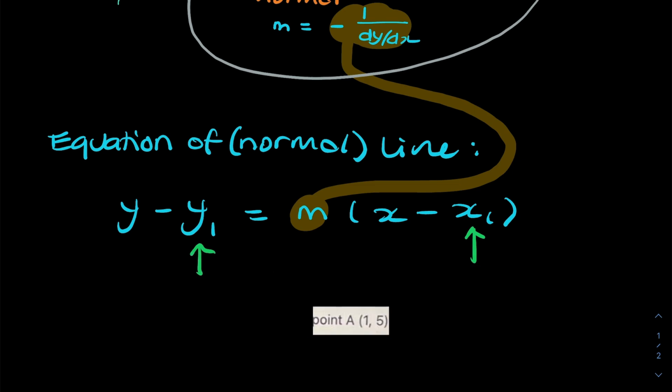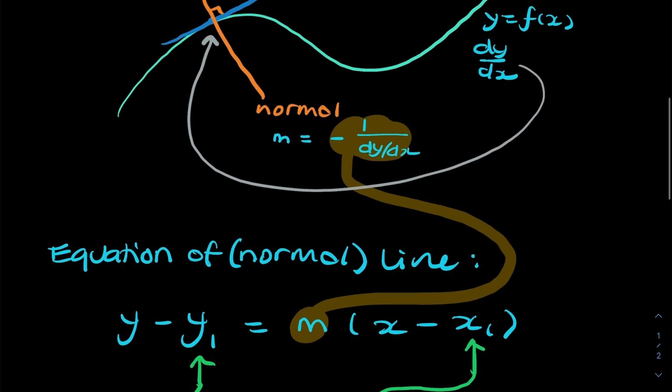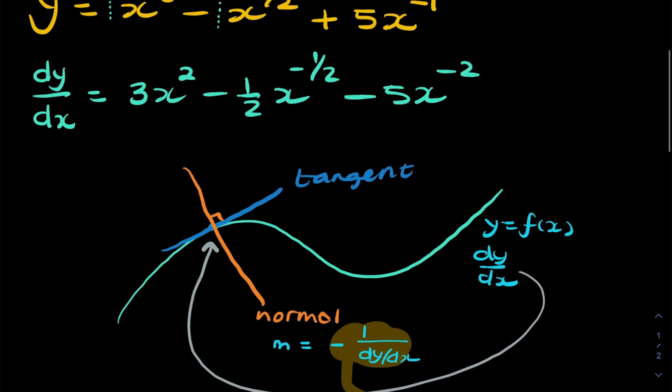So 1 is your x1 and 5 is your y1. So all we need now is m, and m is minus 1 divided by dy by dx. And dy by dx we just found.